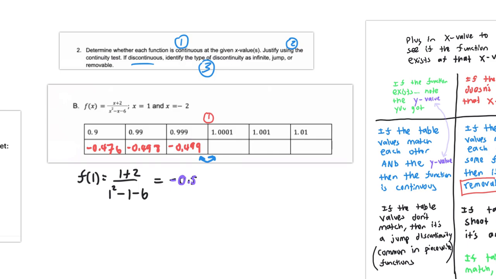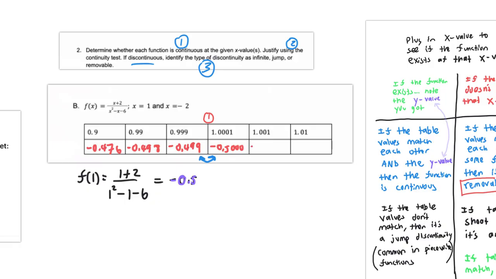So we have 1.0001 that I have to plug in. That would give us -0.5000.